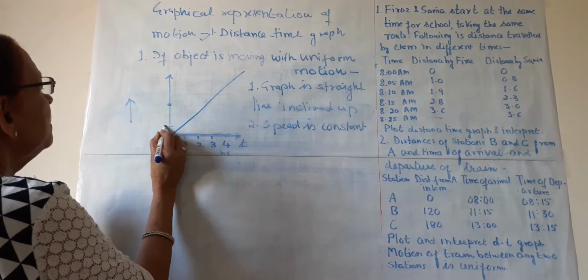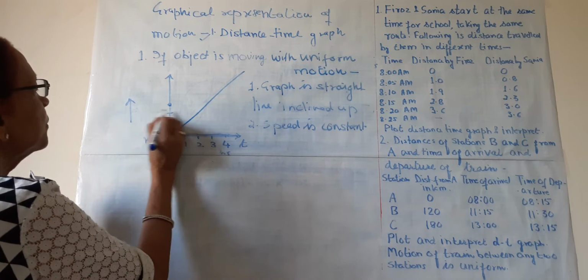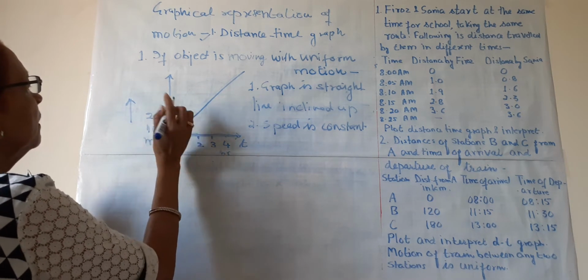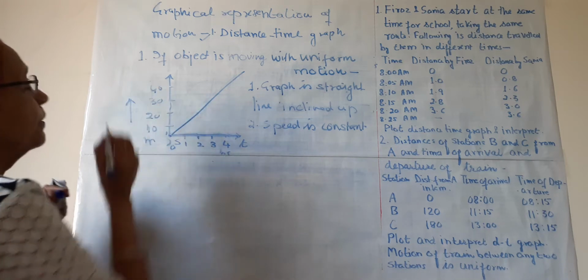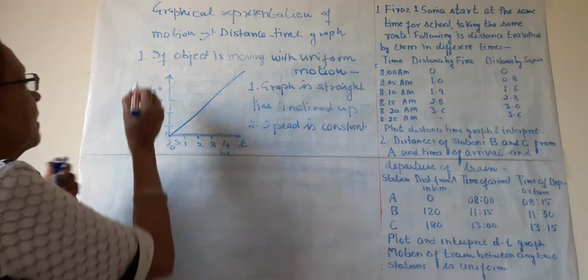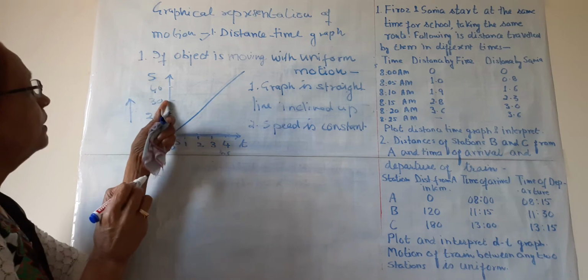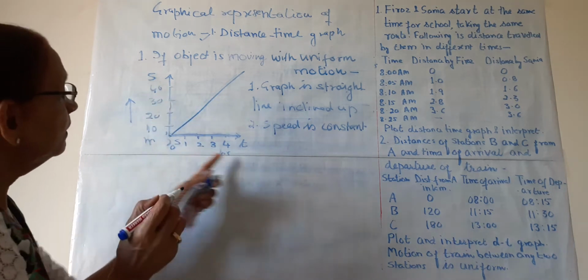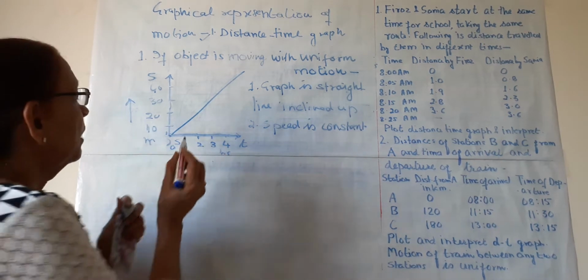Here it is 10 meter, 20 meter, 30 meter, 40 meter. So this is not the speed, this is the distance. Here this is the time in hours, 1 hour, 2 hour, 3 hour, 4 hour.